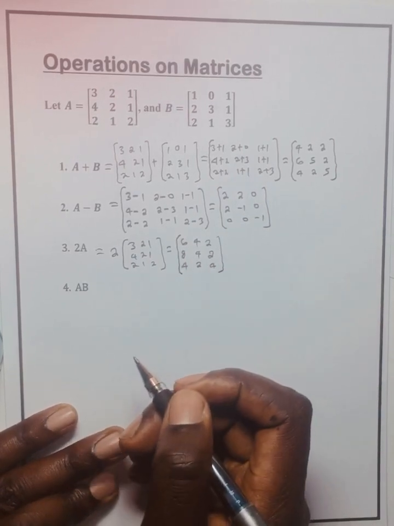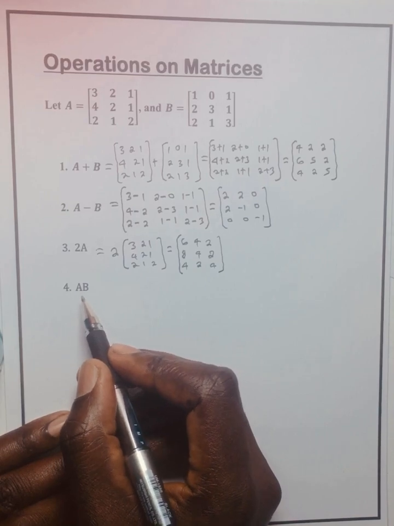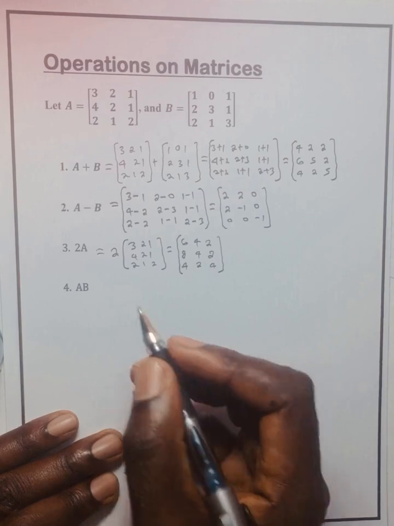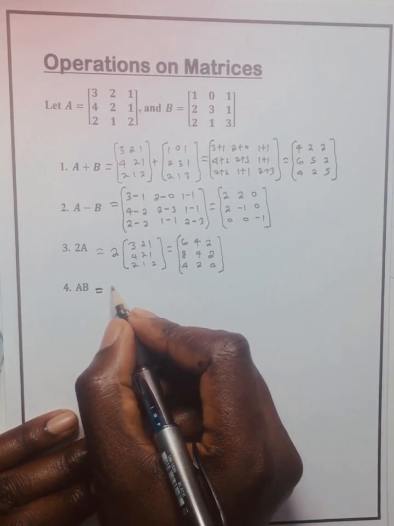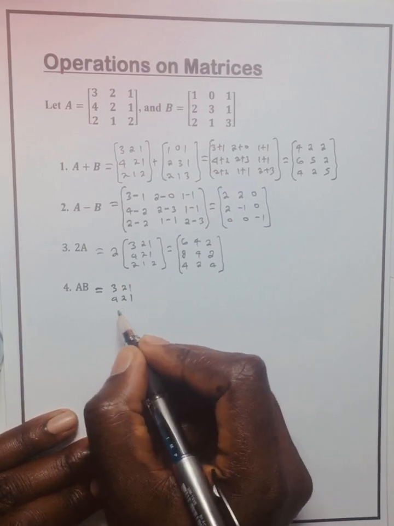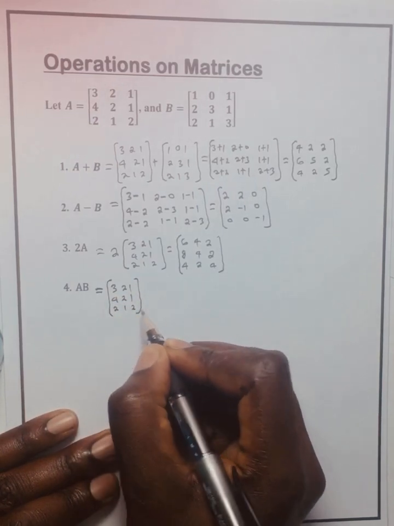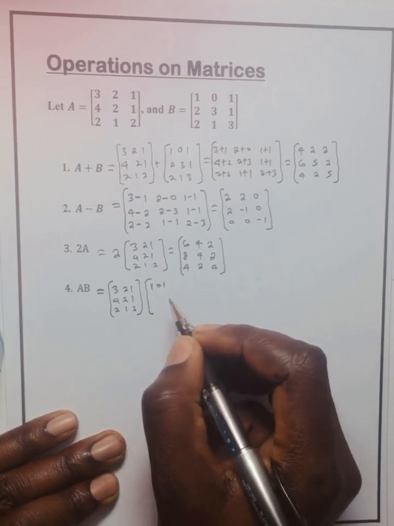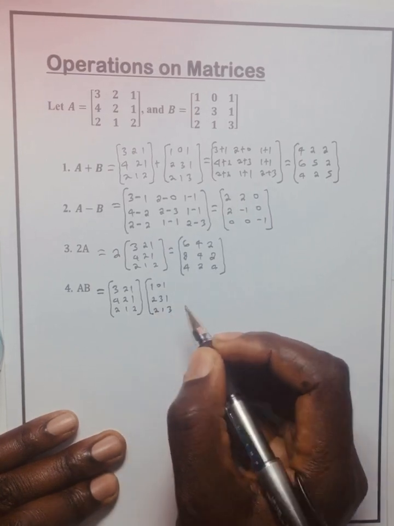Okay. Again, you can be asked to multiply two matrices. Like in this case, we've been told to multiply A times B. So in this case, just arrange them like 3 2 1 4 2 1 2 1 2, multiplying matrix B, which is 1 0 1 2 3 1 2 1 3.